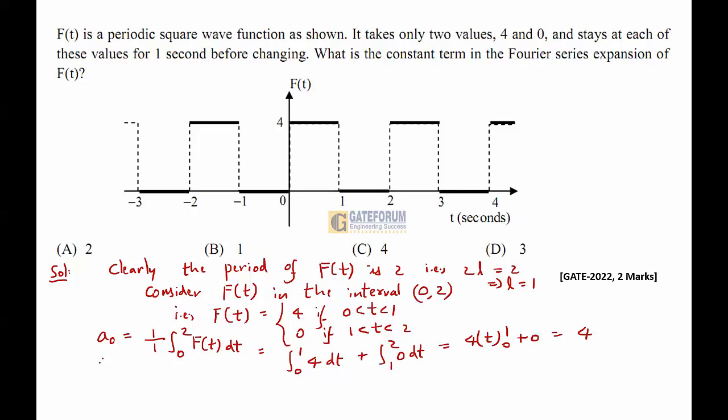So therefore, the constant term in the Fourier series expansion of f of t is a naught by 2.